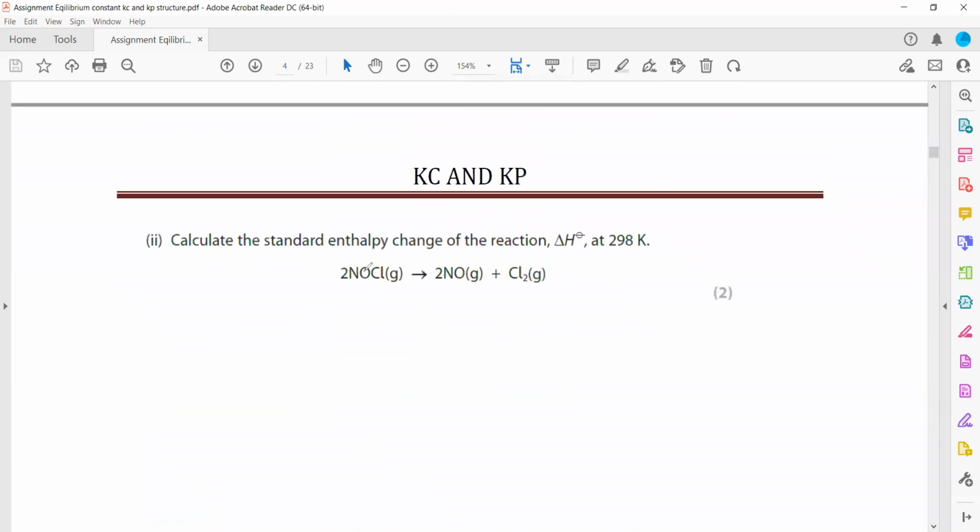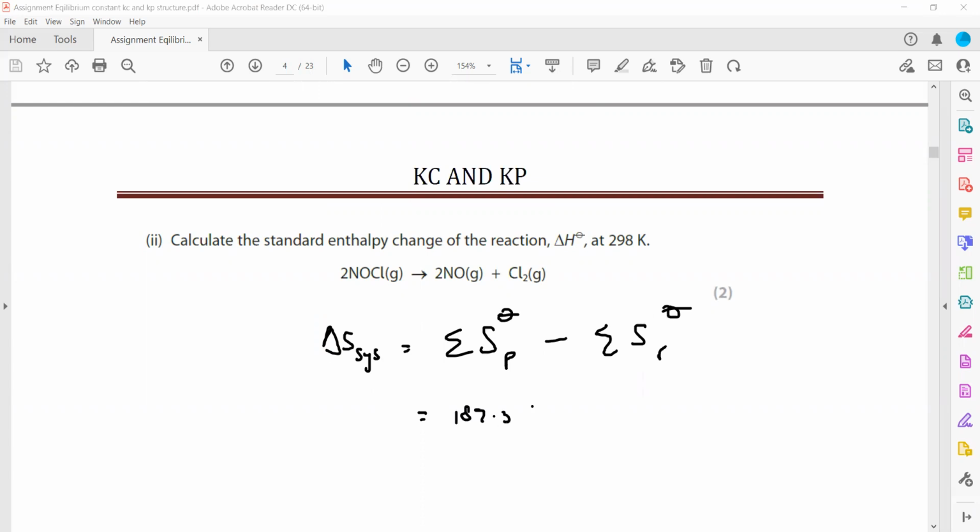So the entropy change of the system is the total entropy of the products minus the total entropy of the reactants. The table is given in the beginning, so that is 189.3 plus 2 into 231.2 minus 2 into 305.5, because these two moles are there in the reactant.